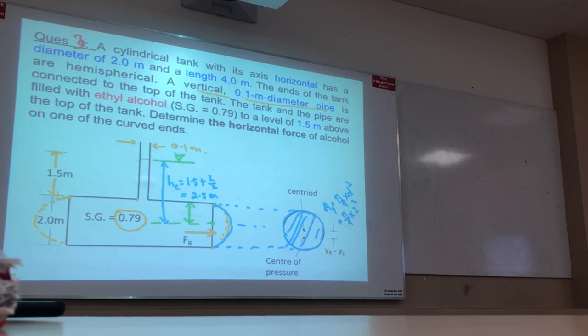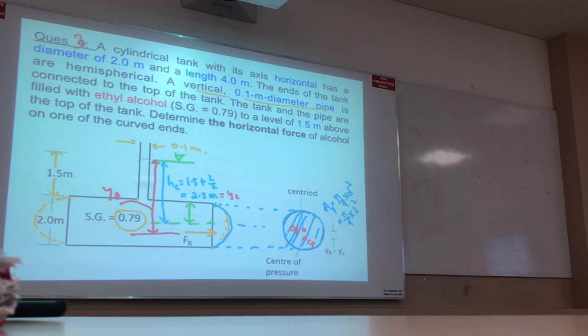So this indicates the centroid, CG, and this one indicates the center of pressure. The distance from the surface of the water to this point is YC actually, HC or YC, you can write, no problem. This one is YR.